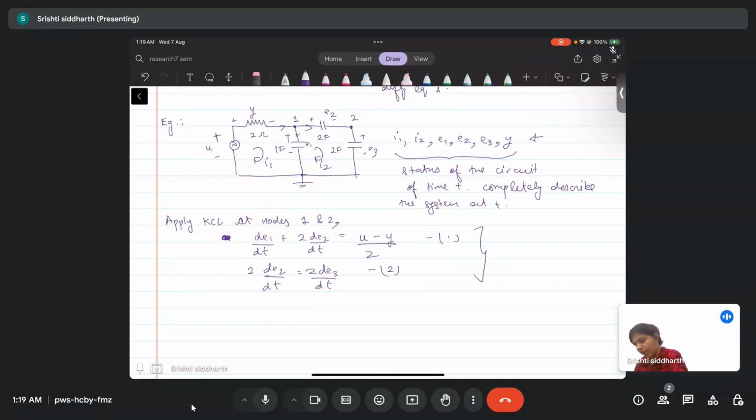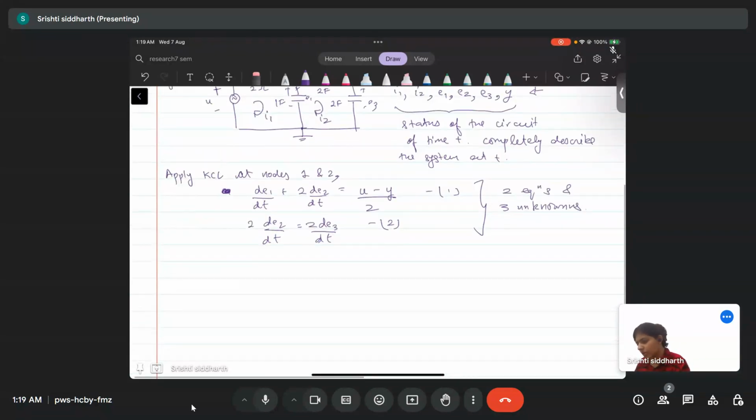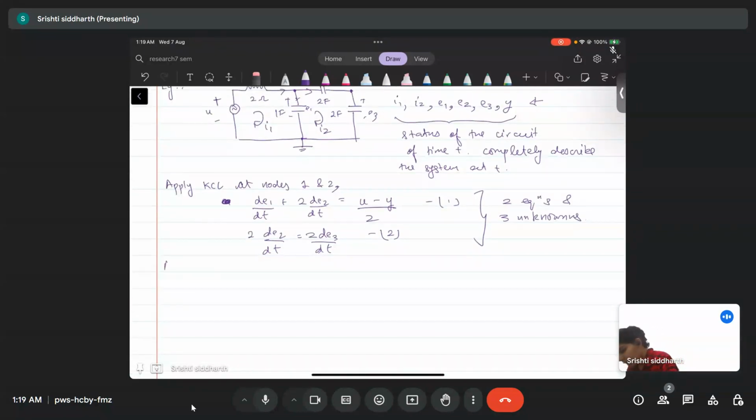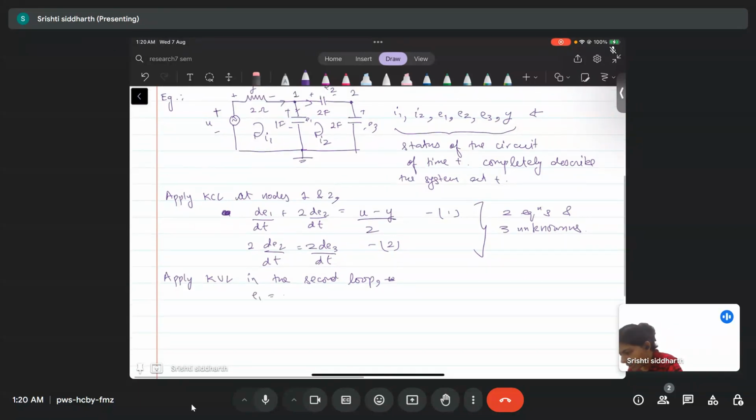Alright, so we have two equations and three unknowns. So we need one more relation to solve the system. So let's apply KVL for this case. So apply KVL in the second loop. So this would give us E1 equals E2 plus E3.